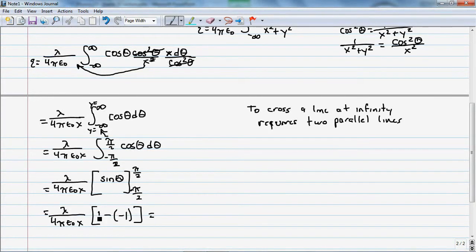And this is just going to be 2, which is going to factor out with this 4. And that gives me lambda over 2 pi epsilon naught x.